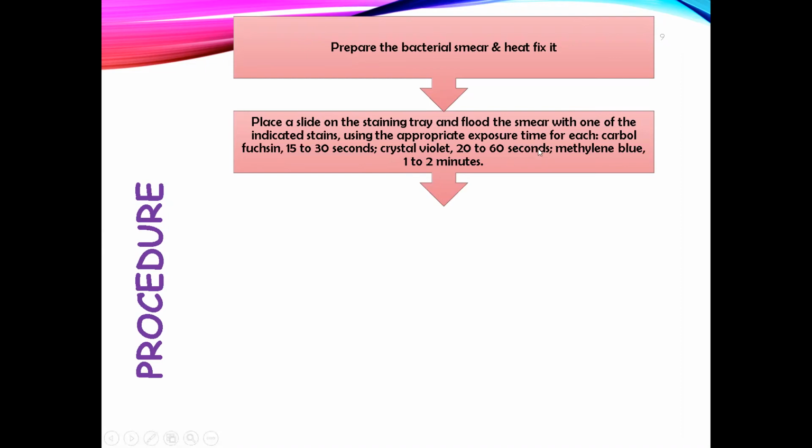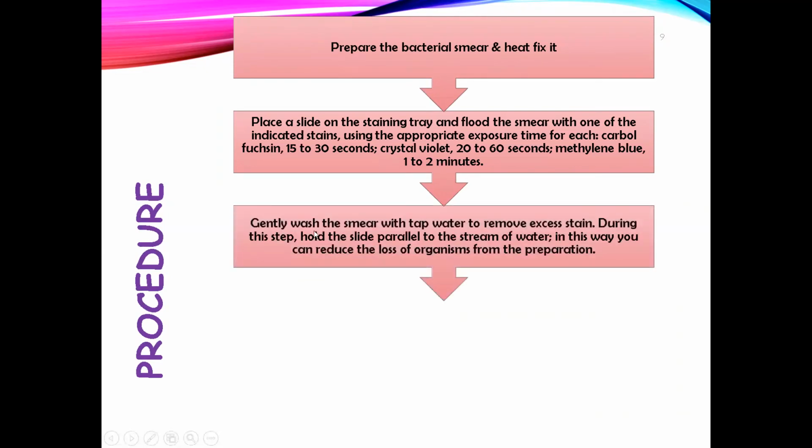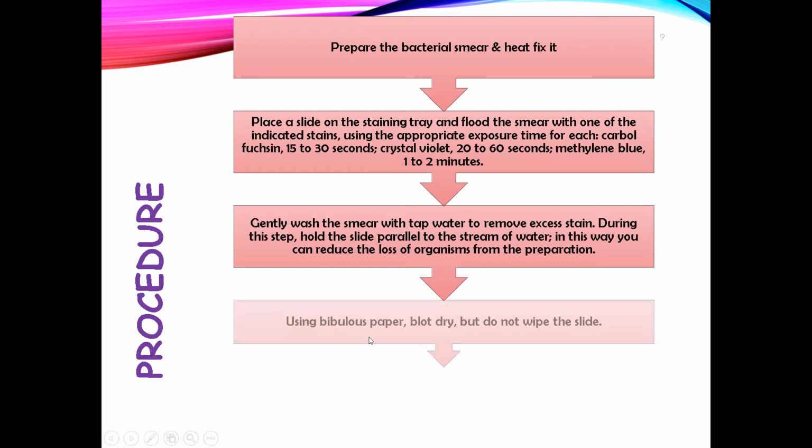Now we have used methylene blue, so we hold it for 1 to 2 minutes. Then gently wash the smear with tap water to remove the excess stain. During this, hold the slide parallel to the stream of water. In this way, you can reduce the loss of organisms from the preparation.